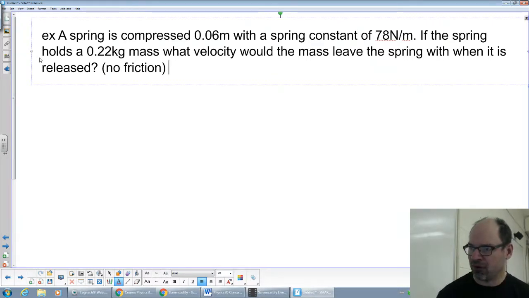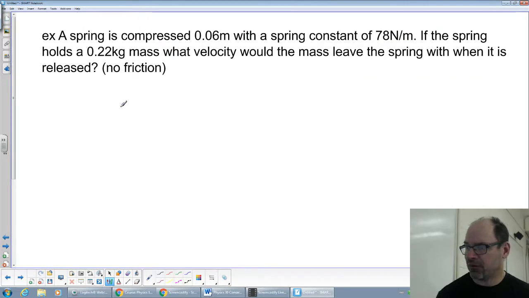Okay, so if you've unpaused it, what we're doing here is we've got a situation where we have this elastic energy converting into kinetic energy, with no friction involved, so there's no worries there.